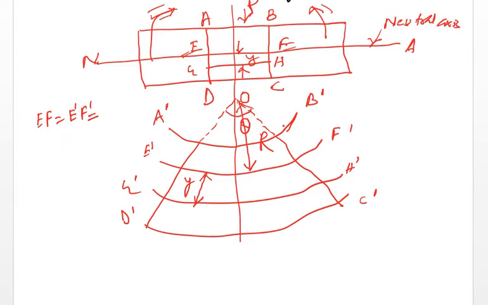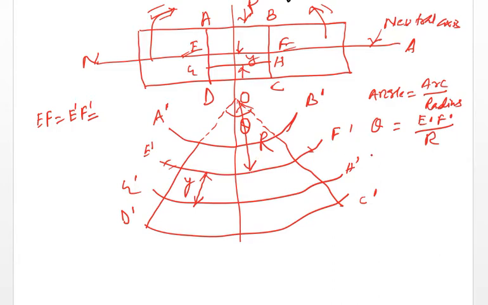We know from the geometry that angle is equal to arc upon radius. So the angle is theta, the arc is E dash F dash, and the radius is R, from O to E dash F dash.